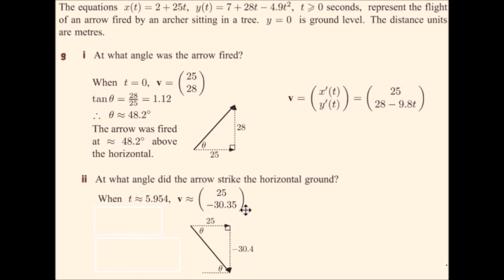So x component is 25, y component is, we're going down, so negative 30. So therefore, to work out the angle here, we would do tan of theta is equal to the positive length here, 30.4 divided by 25. That gives us the acute angle here, same as that angle down there. So the angle is 50.5 degrees.